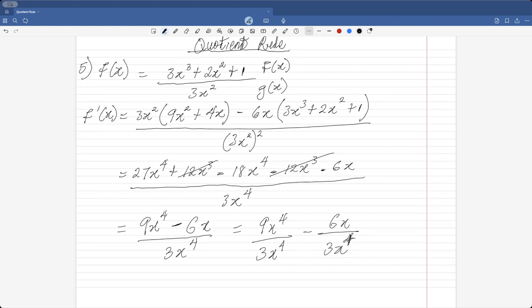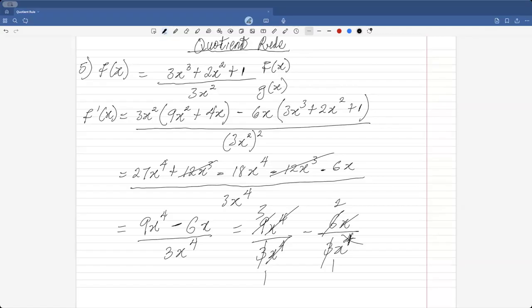It is this way, okay. So x to the power of 4, x to the power of 4, 3 here 1, 3 here 3. We have 1x here. We have 3x left at the bottom. 3 here 1, 3 here 2.